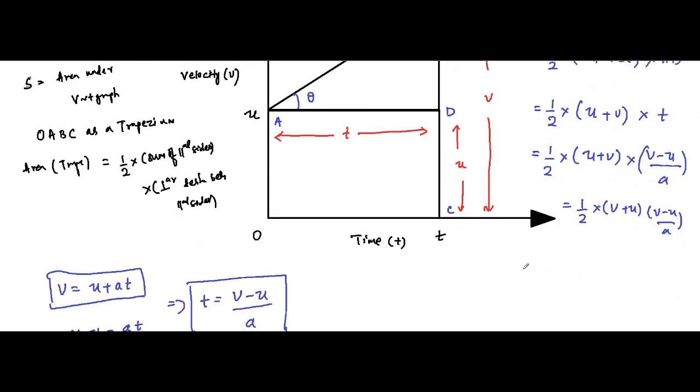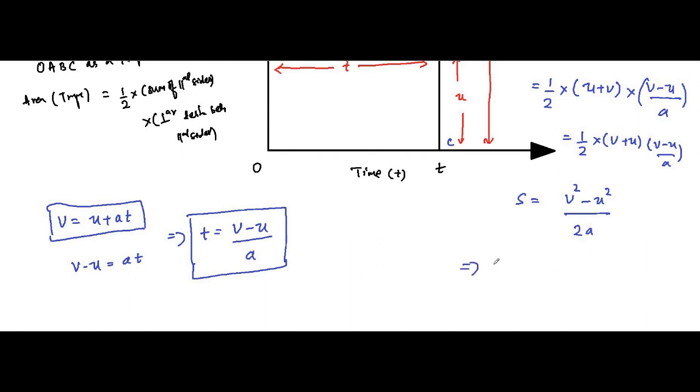So that is equal to s is equal to v plus u into v minus u, which is v square minus u square, by 2a. That implies v square minus u square is equal to 2as, which is the third equation of motion, which interrelates final velocity, initial velocity, constant acceleration and the displacement in the time interval t.